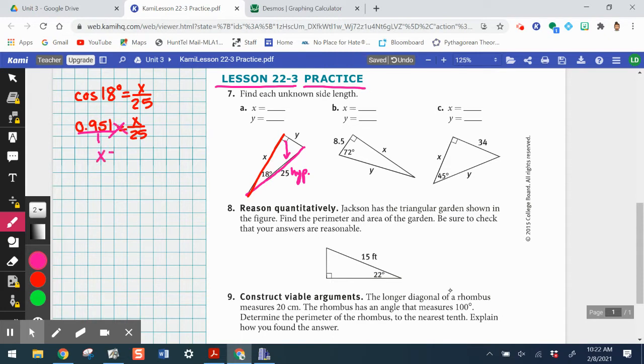And we will get x equals 25 times 0.951, which, rounded to the nearest tenth, I see is 23.775, so we'll say 23.8. So the length of x is 23.8.